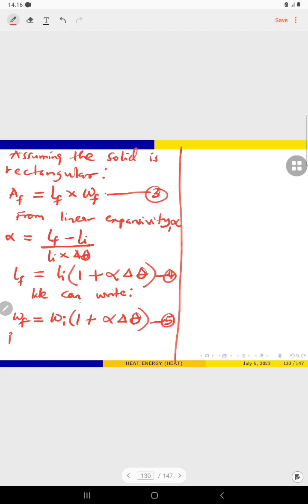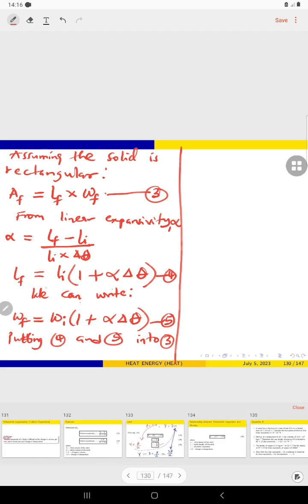Okay, so now let us substitute equations 4 and 5 into equation 3. Then eventually, what are we going to get our equation to be? Please, just a minute.